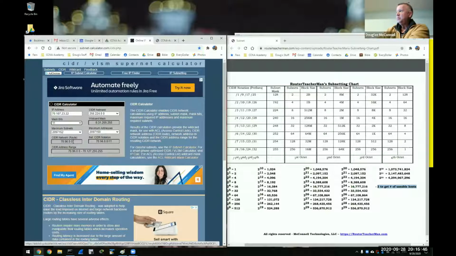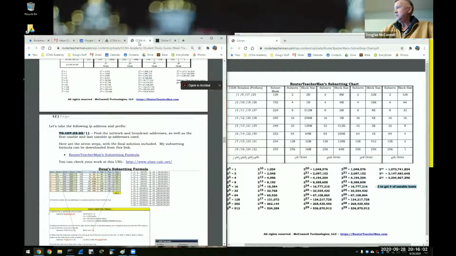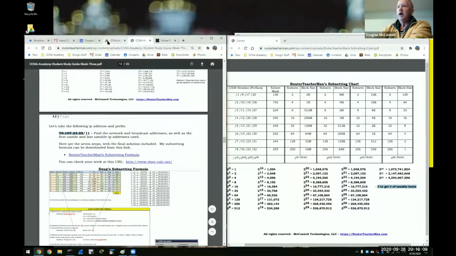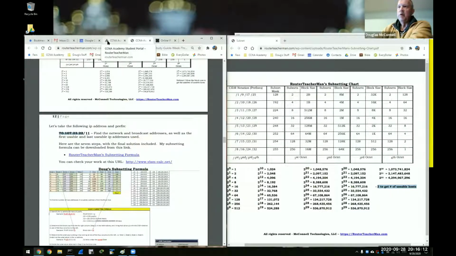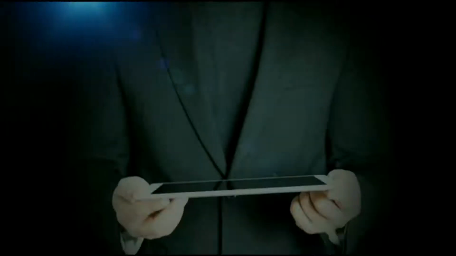Here's our network. Here's our range, through 127.255.255. So if you get stuck, don't freak out. Just go back to the formula.